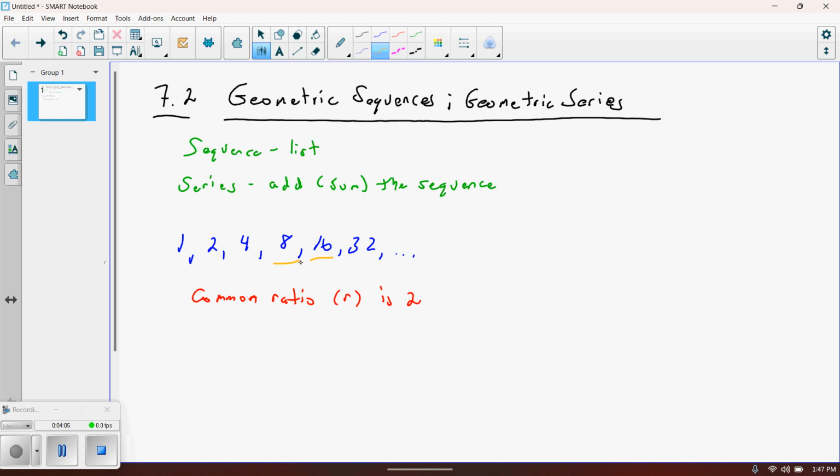Taking the 16 and dividing it by the previous one, 8, gives you 2. Likewise, 32 divided by 16 is 2. That would be your common ratio. So to determine whether a sequence is geometric, that's what you're looking for: do I have exactly the same ratio being multiplied every single time to get to the next number?